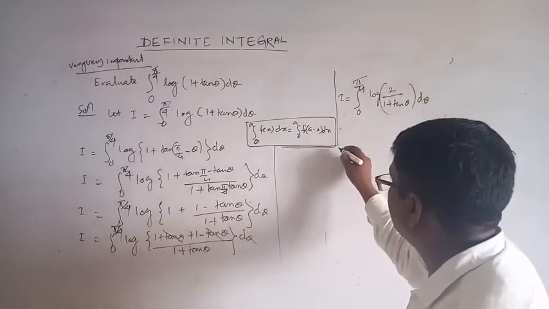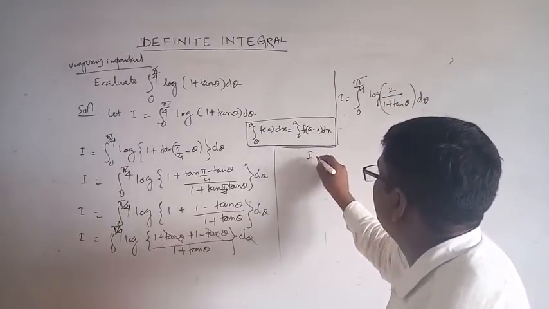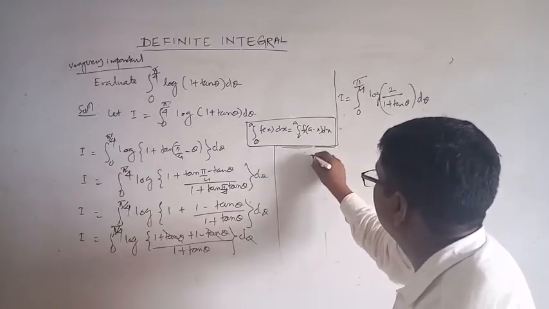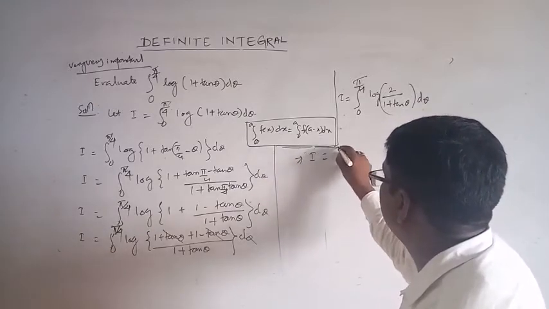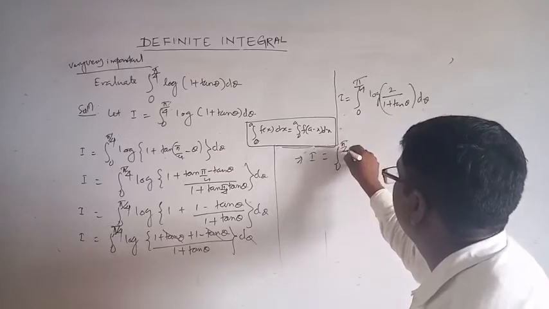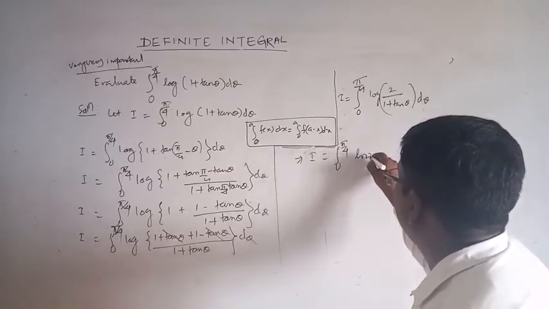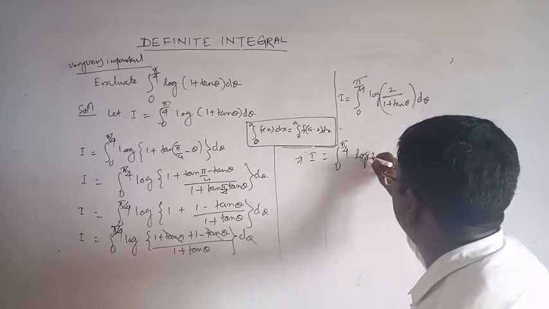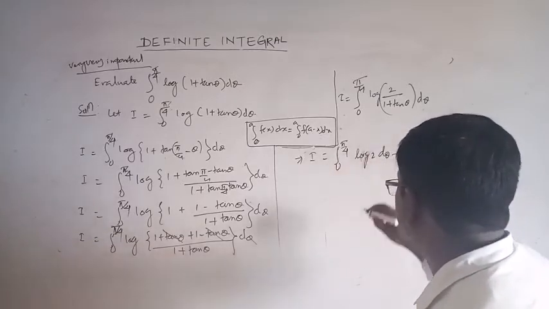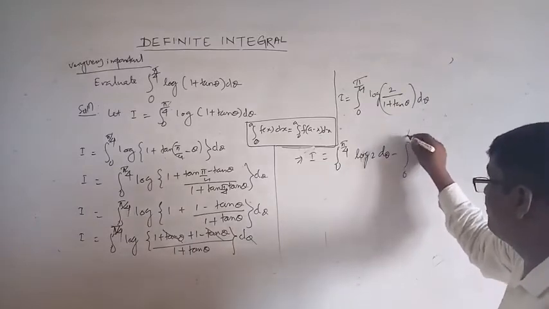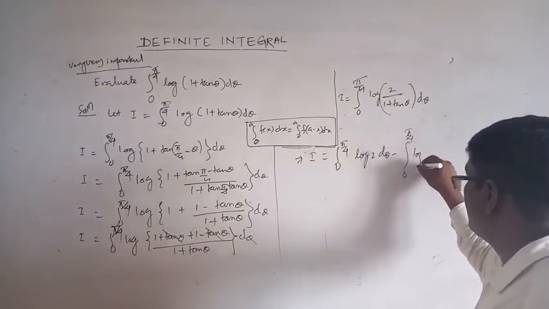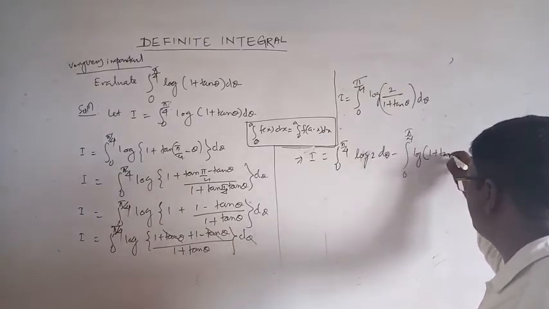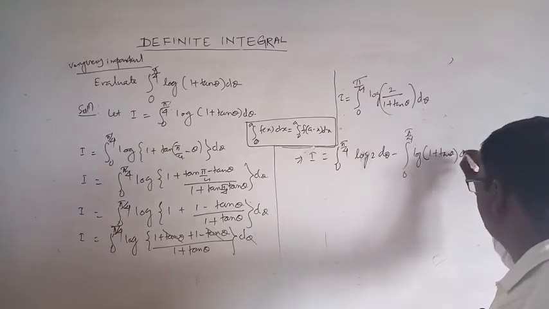Using the log m by n formula, I is equal to the integral from 0 to pi by 4 of log 2 d theta minus the integral from 0 to pi by 4 of log of 1 plus tan theta d theta.